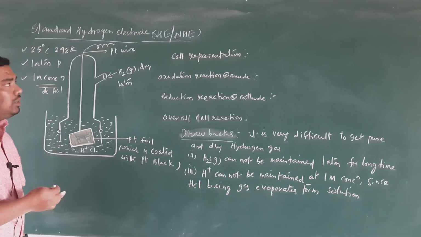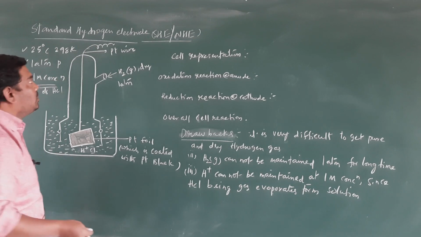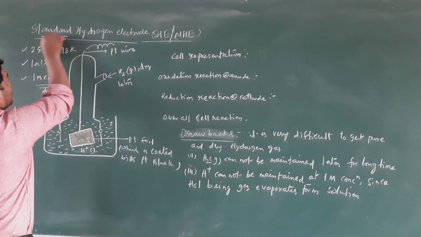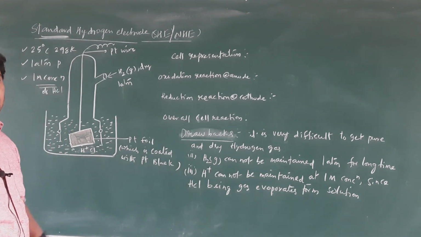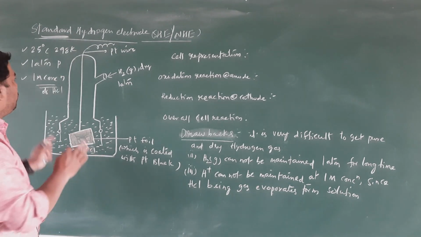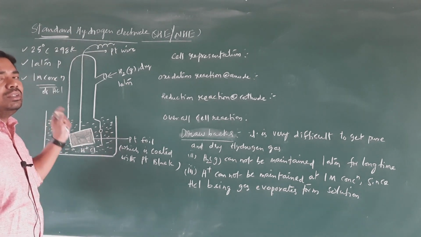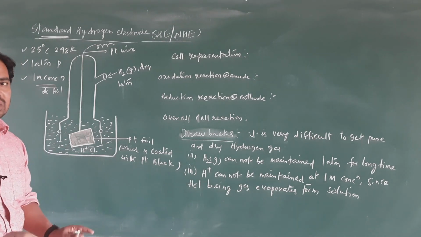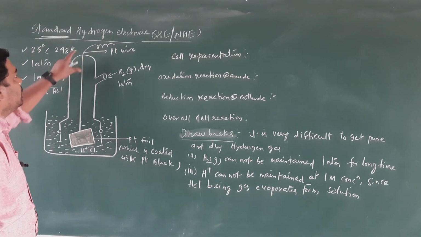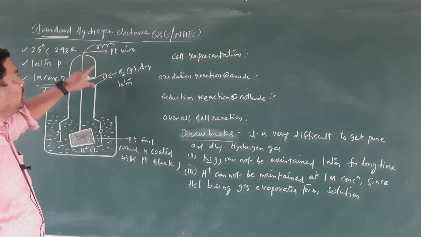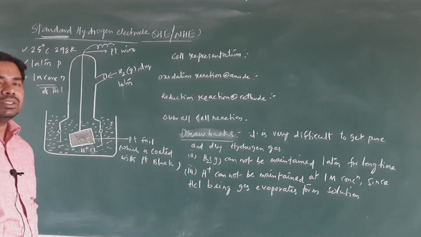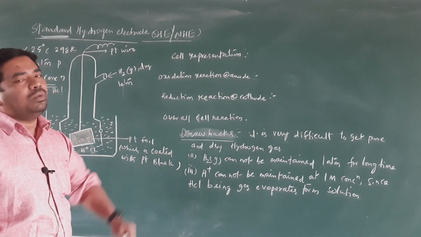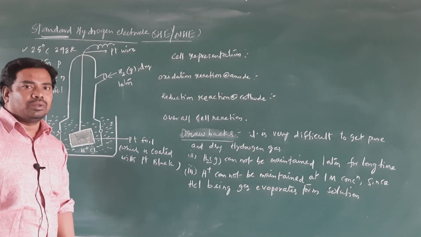Due to the reason all the conditions are standard, that's why we are calling it a standard hydrogen electrode. The temperature is fixed, the pressure is fixed, and the concentration of the solution is fixed. So all these electrode reactions proceed under stable conditions. That's why it is a standard hydrogen electrode, or we can call it a normal hydrogen electrode.